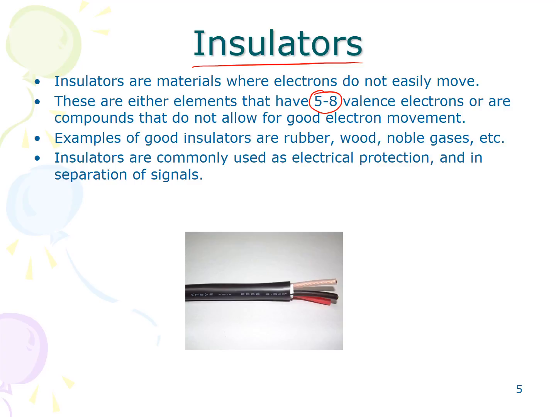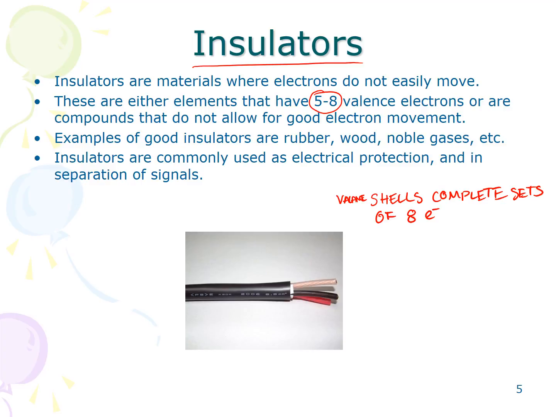And if you remember from chemistry, these valence electrons, these electron rings or shells, like to complete sets of 8. So if you have closer to that set of 8, like 5, 6, 7, or 8 electrons, these would not want to easily move.